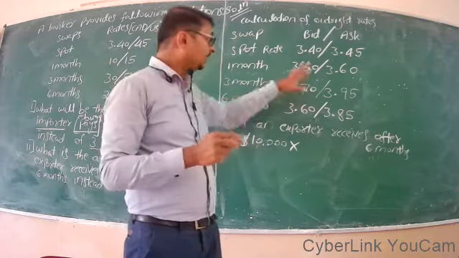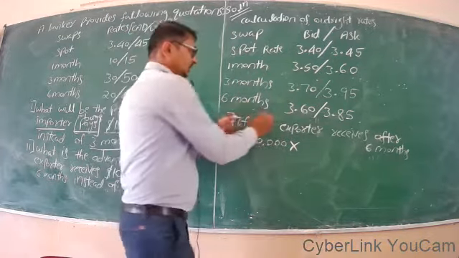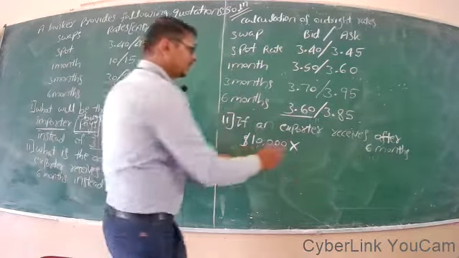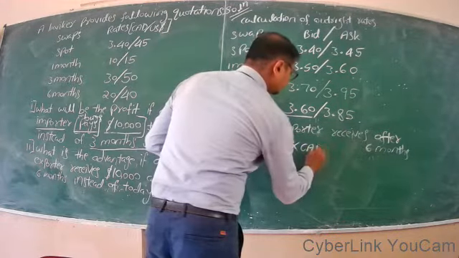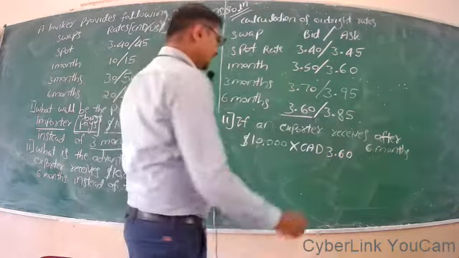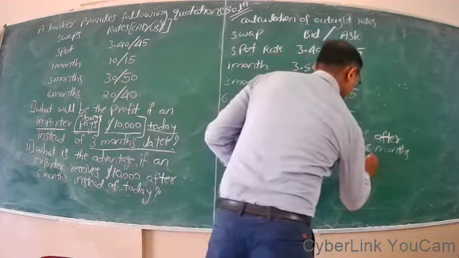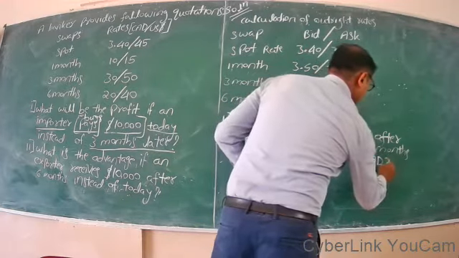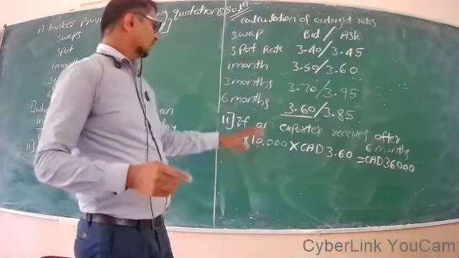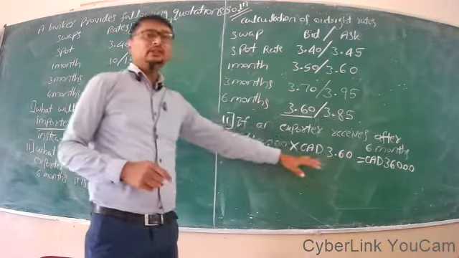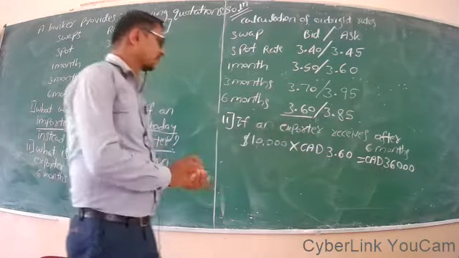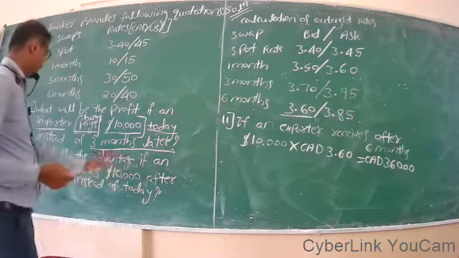The banker's 6 months outright buying rate is 3.60 Canadian dollars, which becomes Canadian dollar 36,000 if he sells the US dollars after 6 months. Now what is the advantage?